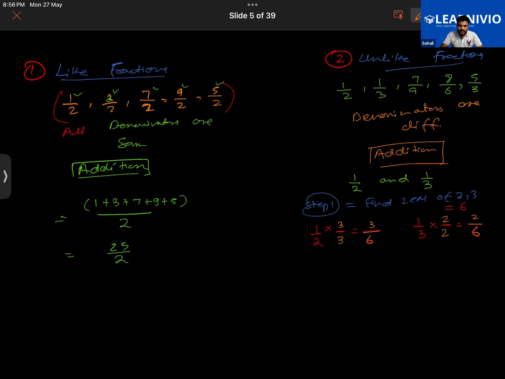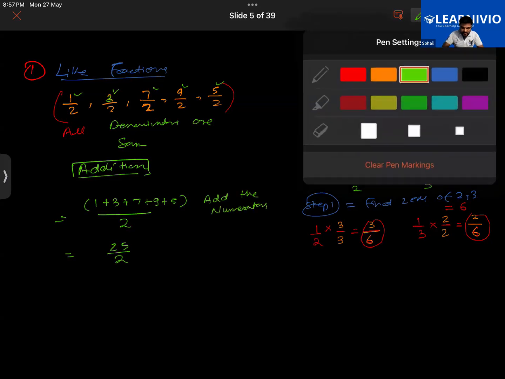Yes. So now the fractions have become 3 upon 6 and 2 upon 6. Now, are they like fractions or unlike fractions? Like fractions. What did we learn about the addition of like fractions? We simply add the numerators, and the denominator is going to be the same.